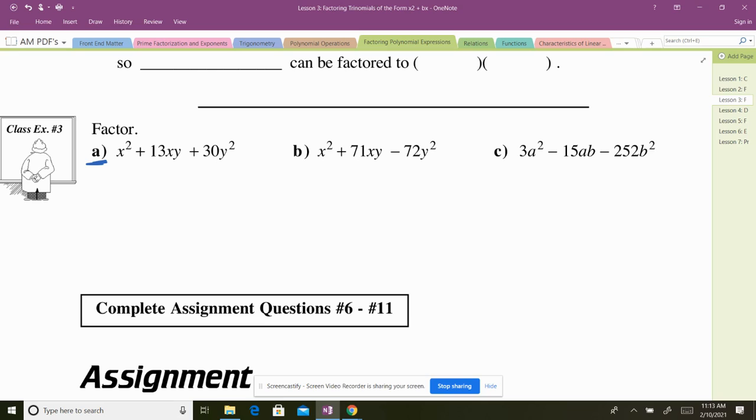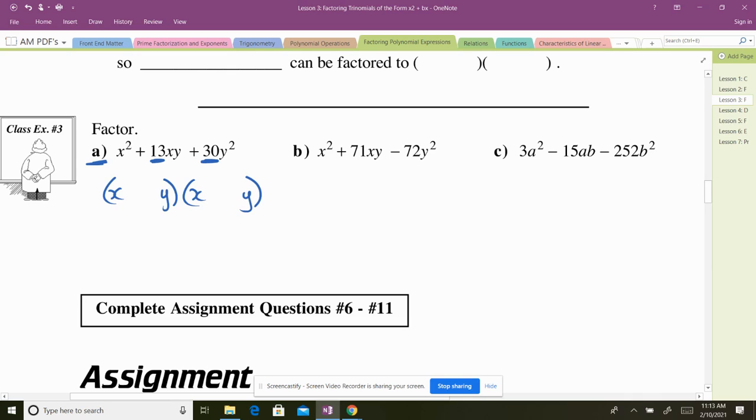The process is the same. Just look at this number and look at this number. So what multiplies to 30 and adds to 13? 10 and 3. So because we have x's and y's, you just have to have x's at the front, like we always have, but you have to have y's at the back.